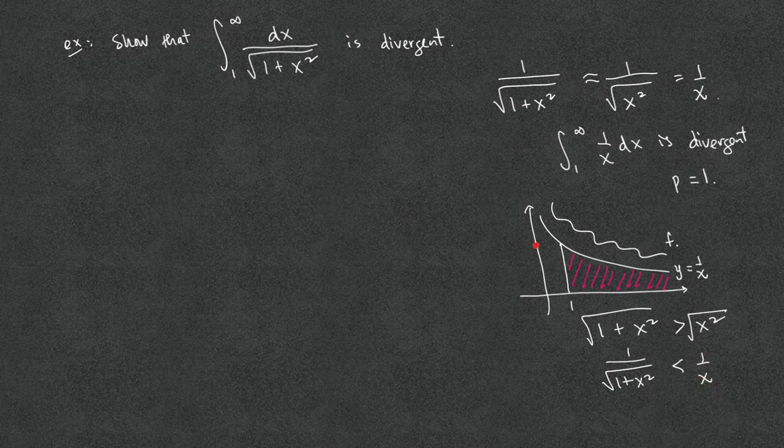It is below 1 over x, so we cannot use the comparison test. The comparison test is useless if the integrand of the integral that we want to compare it to is below a divergent integral. To use the comparison test correctly, we need to have a good working inequality.